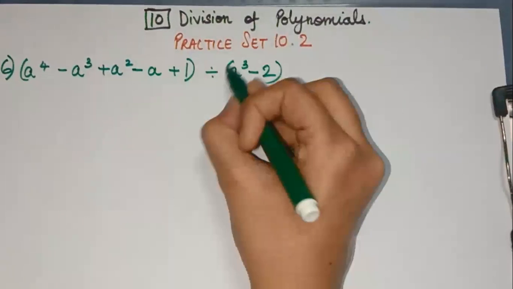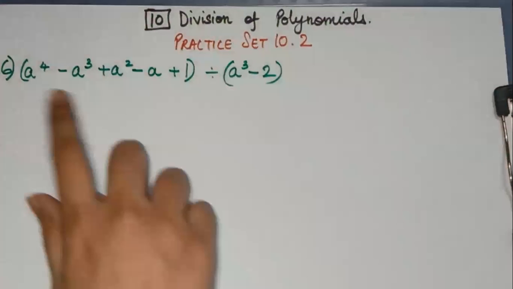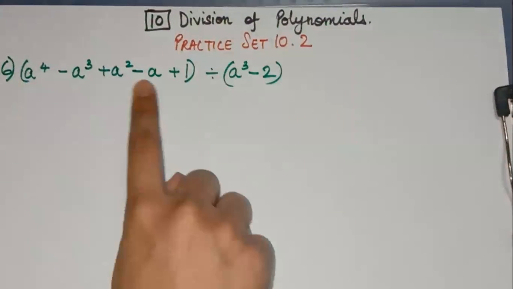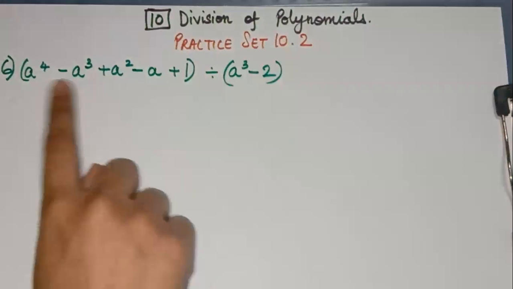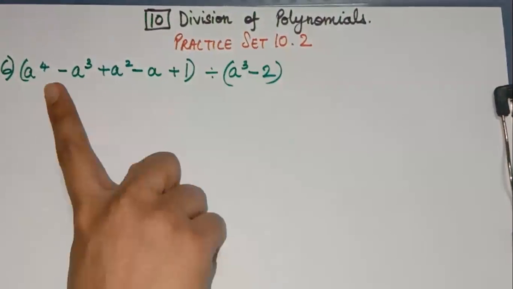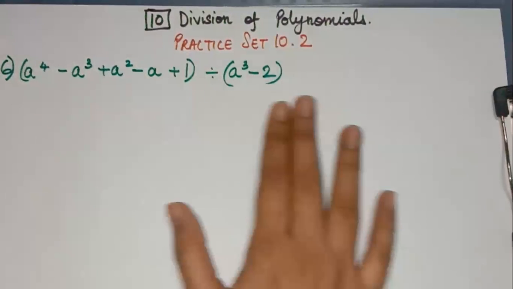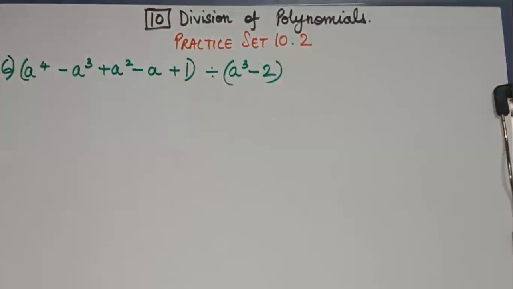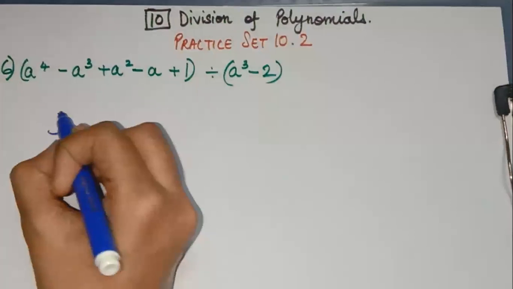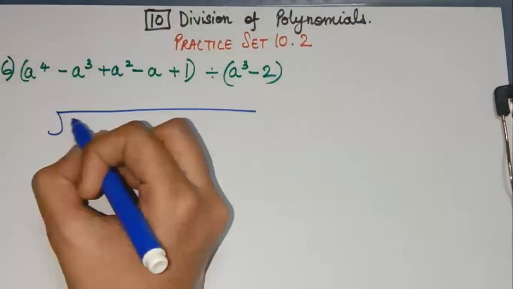Okay, so here girls, as you can see, the terms written in this polynomial are in the descending order of its powers. Okay, so we don't have to do anything over here, we will just start solving it. So I am starting with solving this polynomial.